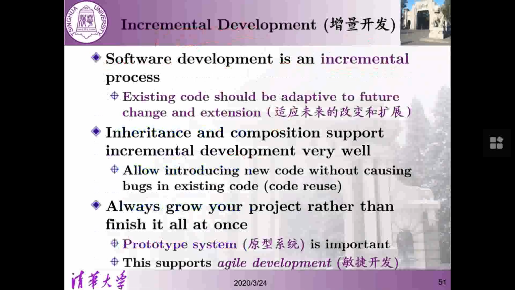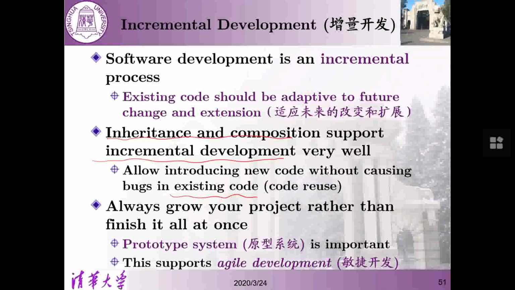Okay, we have learned inheritance, and we suggest you use inheritance and composition to support this kind of incremental development. By incremental development, we always depend on existing code, right?